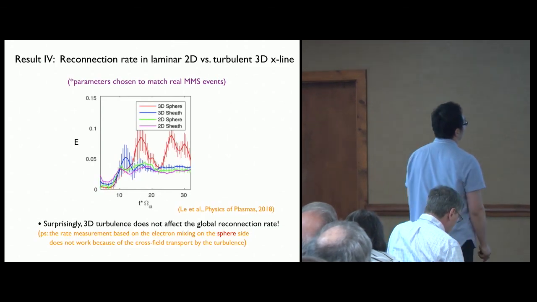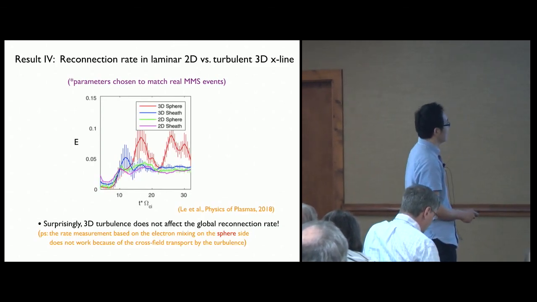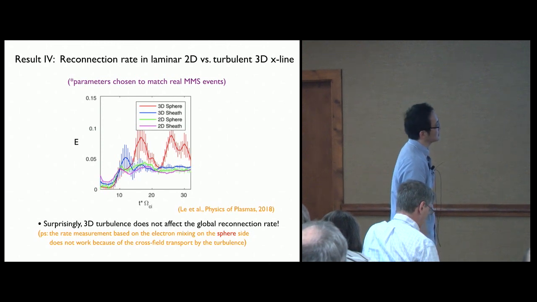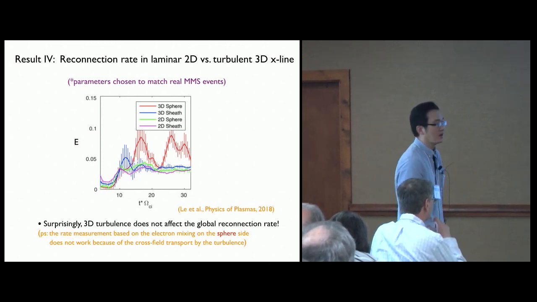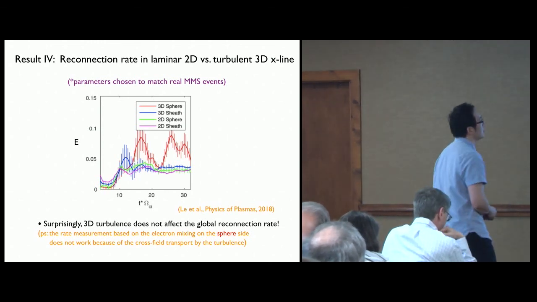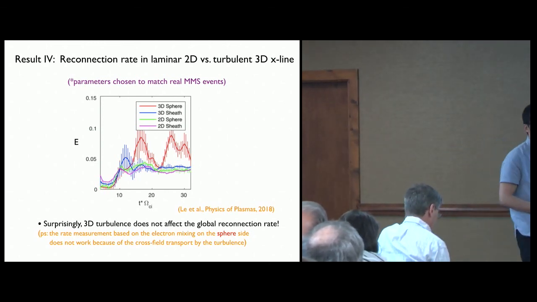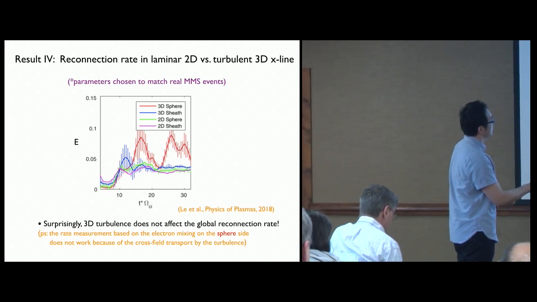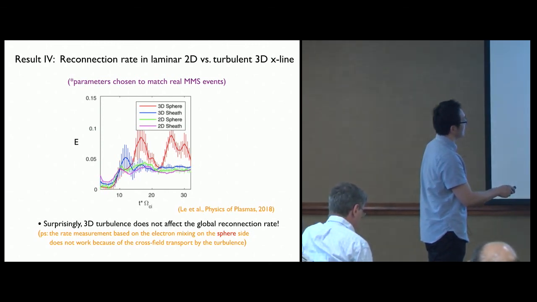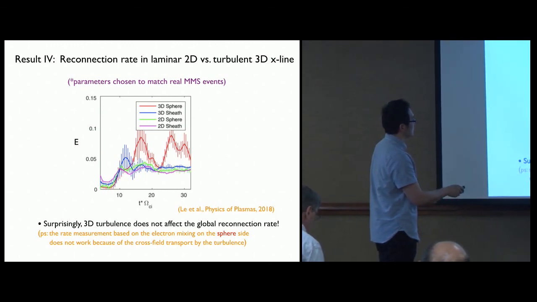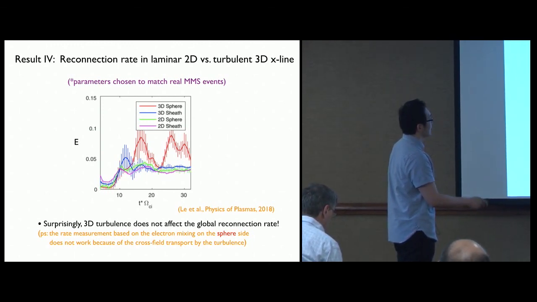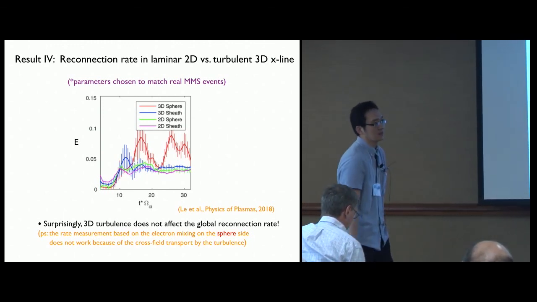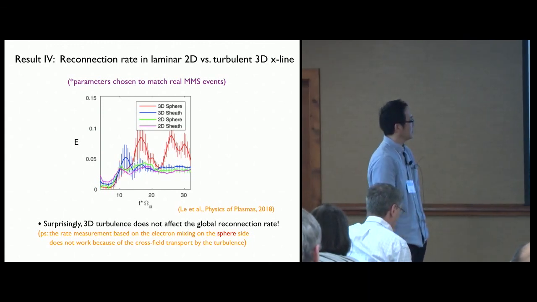So the final result I show here is that it's also important to study whether this turbulence in the 3D X-line affects the reconnection rate. Okay, in 2D it's always laminar, and here are the two curves, the green one and the magenta one. These two give you the reconnection rate in 2D. And in 3D, how the turbulence affects this reconnection rate is the question.